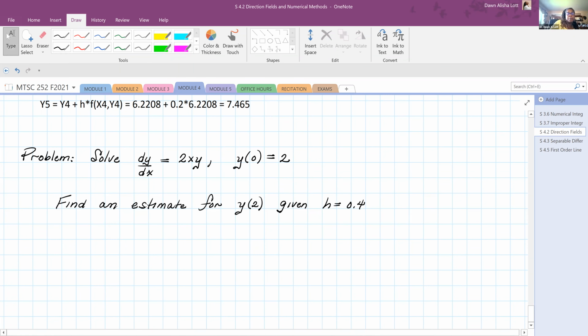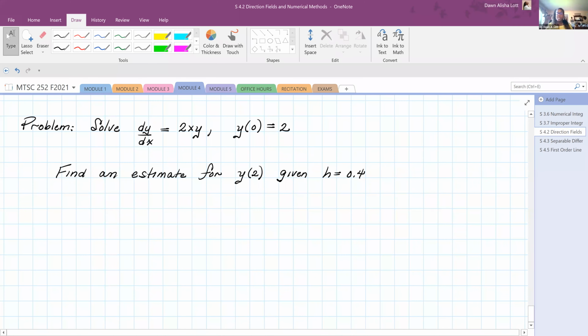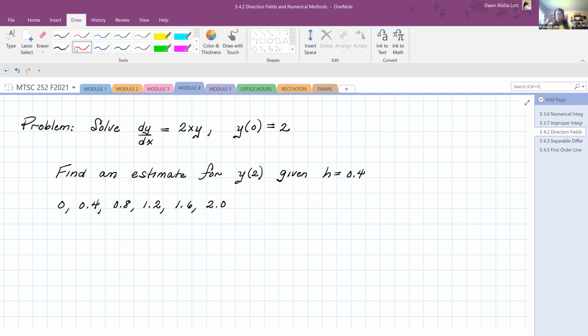Okay, so now that I know h is equal to 0.4, I know that my points are going to go like 0, 0.4, 0.8, 1.2, 1.6, 2.0. So those are how my points are going to go. This is going to be x0, this one's x1, this one's x2, this one's x3, this one's x4.